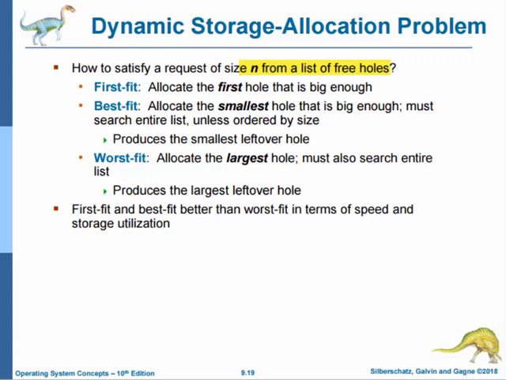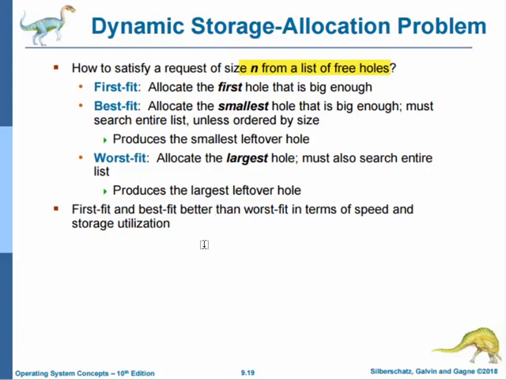The worst fit allocates the largest hole. Again, we must search the entire list unless it is sorted by size. However, this strategy produces the largest leftover hole, which may be more useful than the smaller leftover hole from a best fit approach.